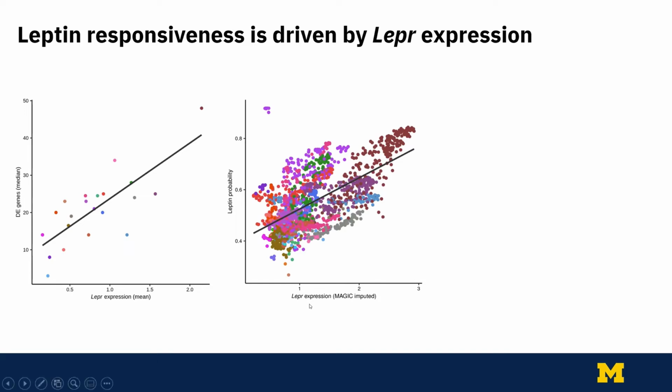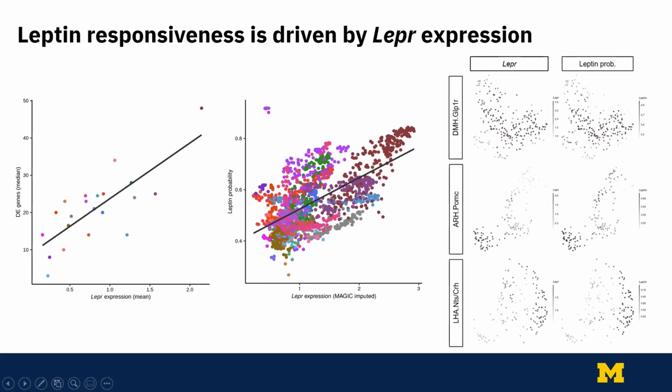So the fact that leptin receptor is a major driver is very interesting, and allows us to zero in on populations that could be important. And lastly, on an individual population level, you can see the very nice correspondence between leptin receptor expression in very distinct subsets of each population and the probability that these cells are highly regulated by leptin.